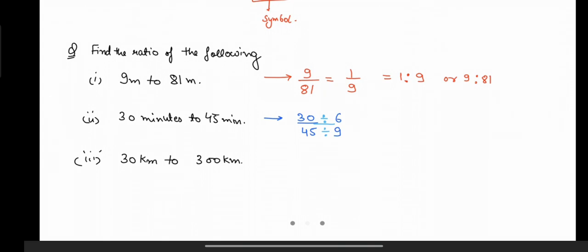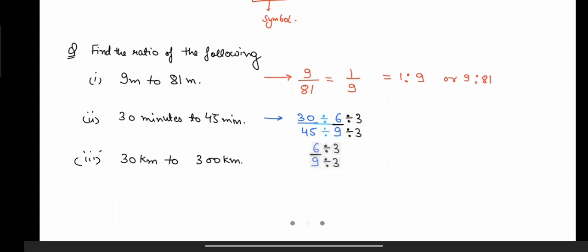As I said, we are not dividing with the highest common factor right now, so I see that I can simplify this further. It can be divided by 3 further, right? I'll write this separately, otherwise it will become confusing.